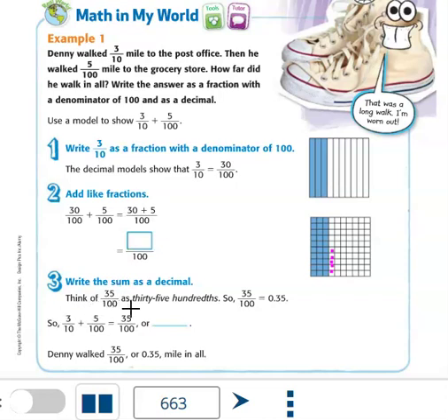35/100 equals 35/100. Remember, if the fraction is written, it will be read exactly the same as the decimal version. So 3/10 plus 5/100 equals 35/100, or let's write 0.35.